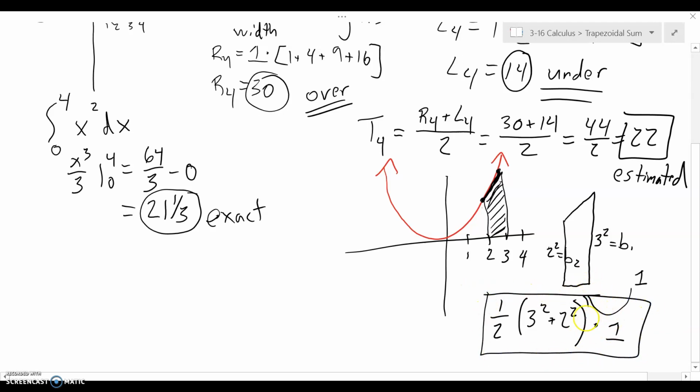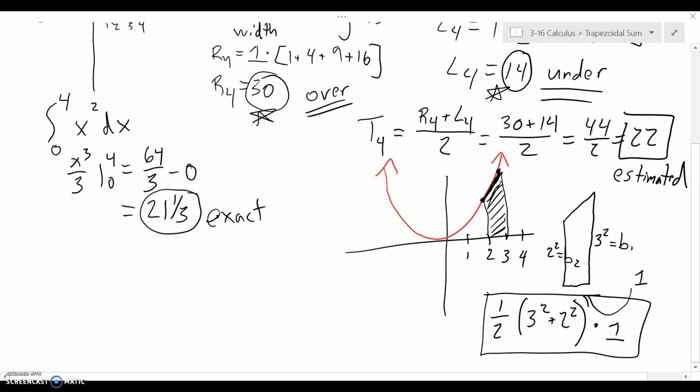I don't want you actually computing it that way or thinking about it that way when you're asked to do a trapezoidal. When you're asked to do a trapezoidal, all you're going to do is take the left edge estimate, and you're going to get your 14. You're going to take your right edge estimate, you're going to get 30, and you're going to divide by 2, or take your average, and you get an estimate, and that's it. That's all a trapezoidal is.